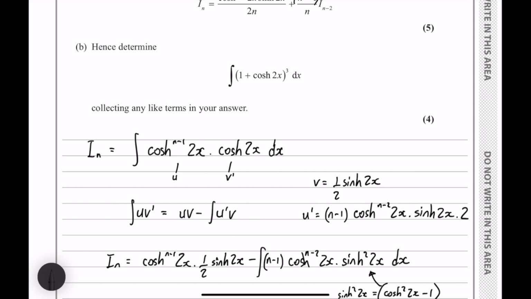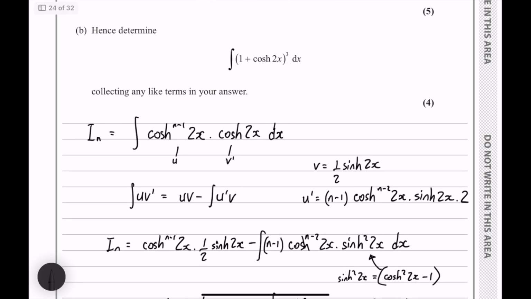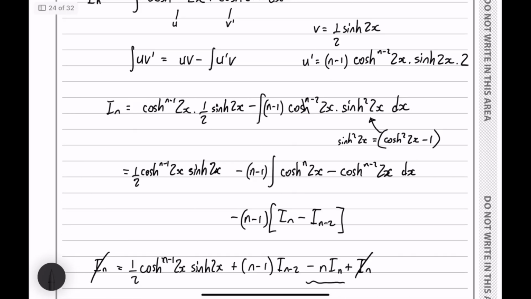Now we need to actually evaluate it. Part B, determine, not exactly that obviously, but with a power 3, so expanding this out first.